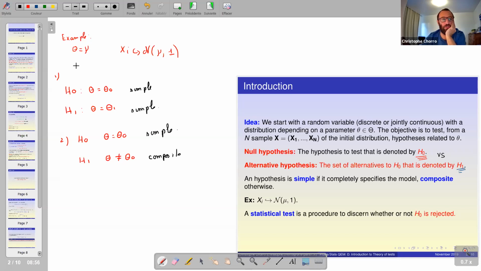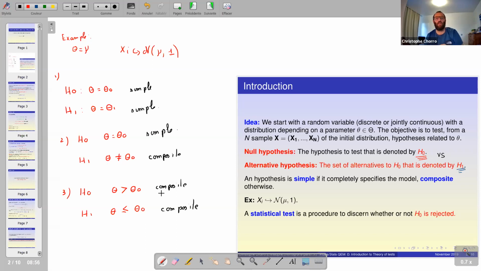So I can give a third example if I want, okay? I can test, for example, theta strictly greater than theta 0 against theta less than theta 0. You want to check if you are strictly greater than a particular mean or not. And in this situation, you have something that is composite here and also composite.